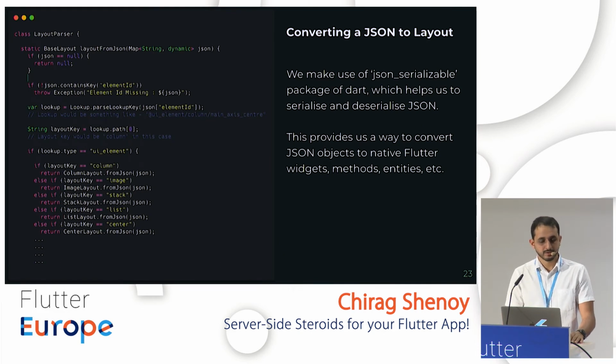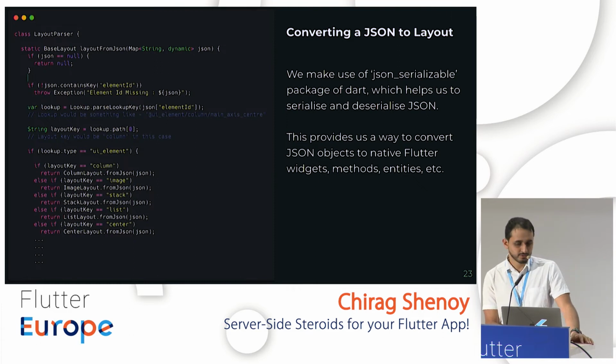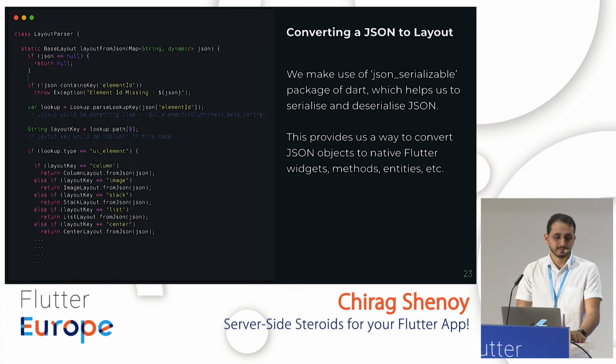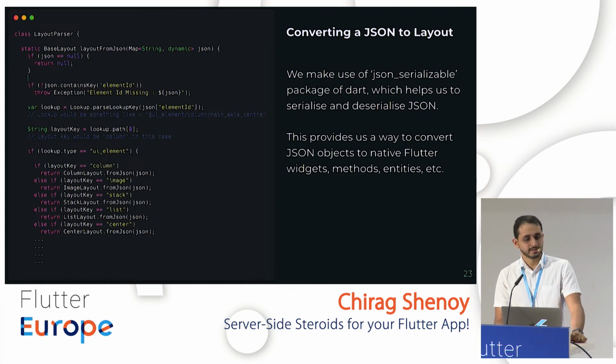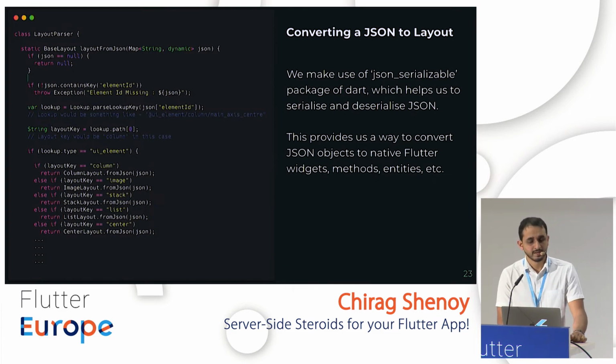Yeah, and this is how we have a parser that I told you about, right? We have a parser which is going to convert a JSON to a layout. If you can see this method called layout from JSON, what it's returning is a base layout, the same layout that we previously saw, and it takes a JSON as an input.